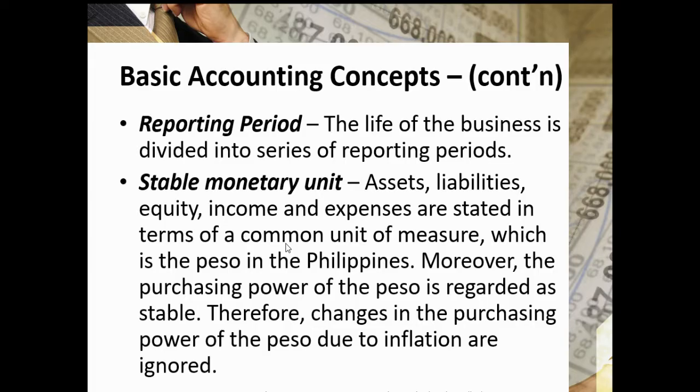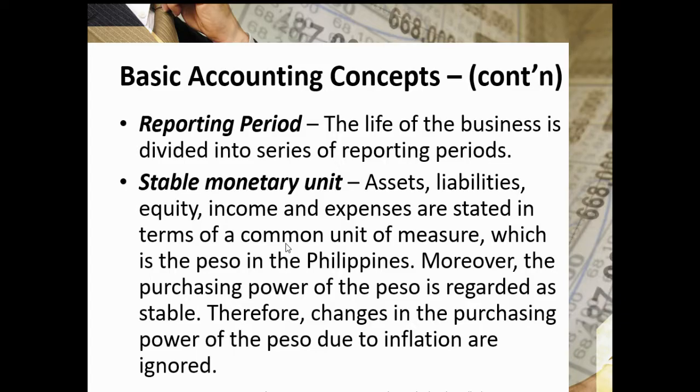So, ulit, calendar period starts on January 1 and ends on December 31. Fiscal year period, it starts on any month of the year na matatapos din after 12 months. So, pwedeng July to June the following year. Ang interim period naman is shorter than 12 months.